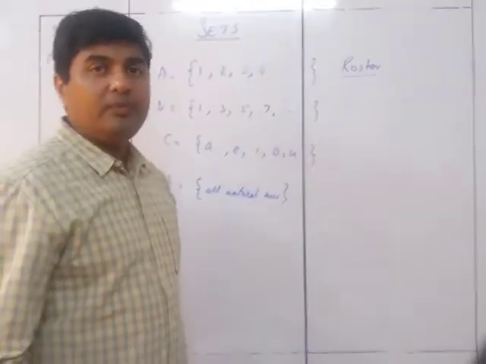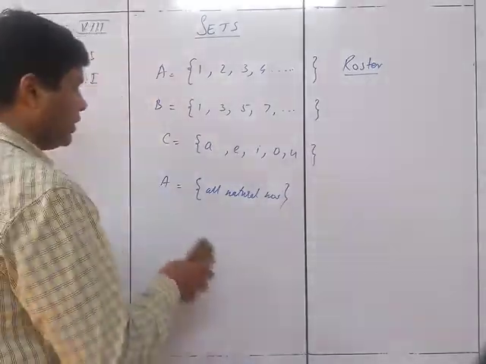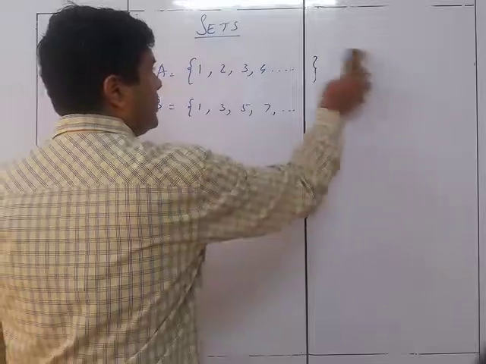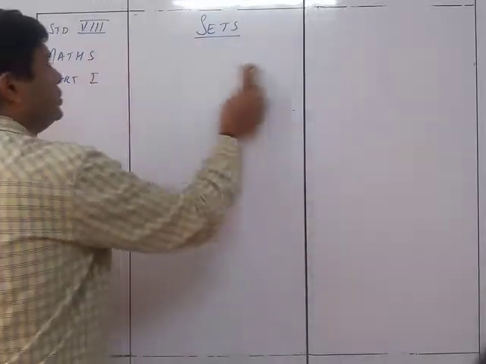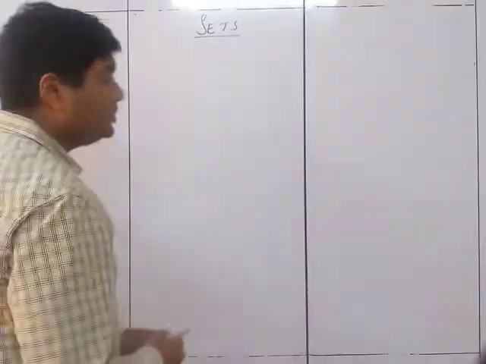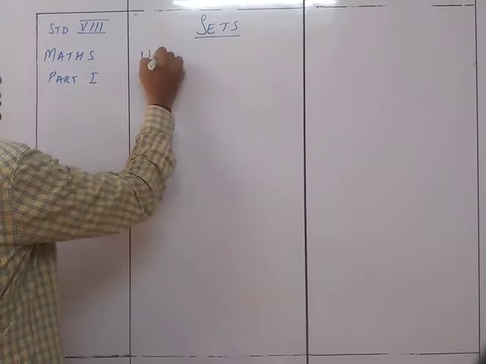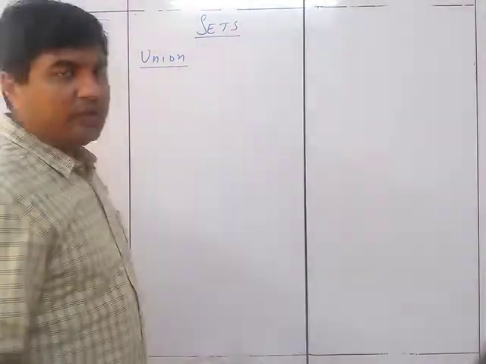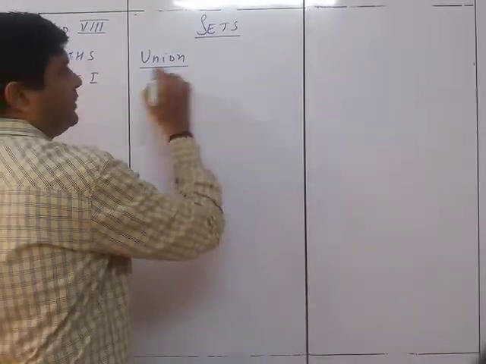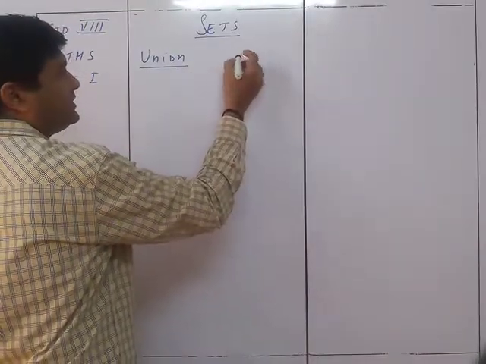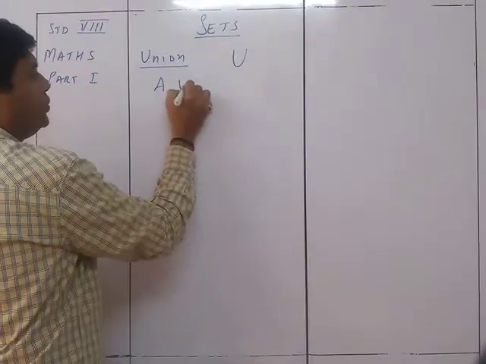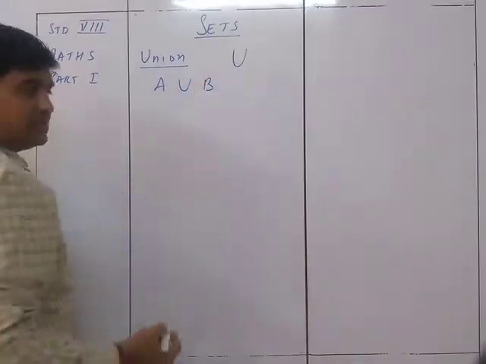Now we see the operations of sets. In the operations of sets, the first thing is union. What is a union? Union is symbolized as U. So it will be A union B, written like this.